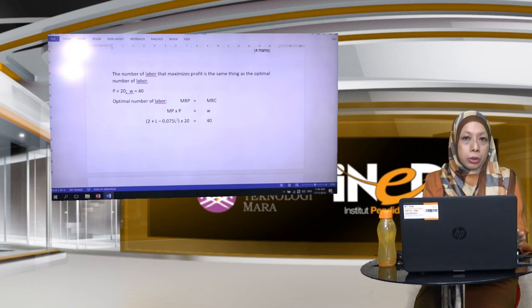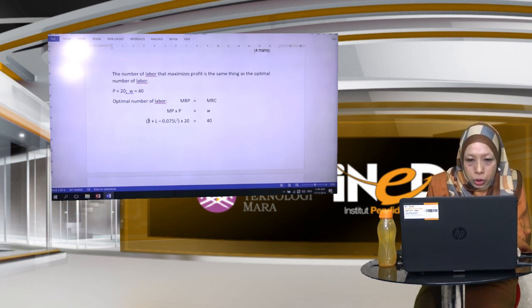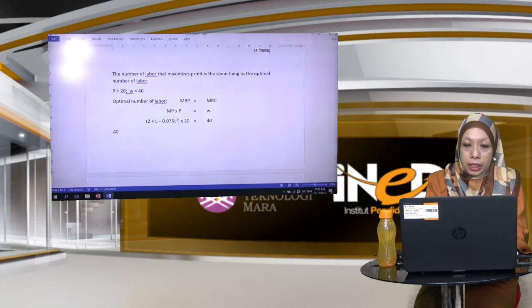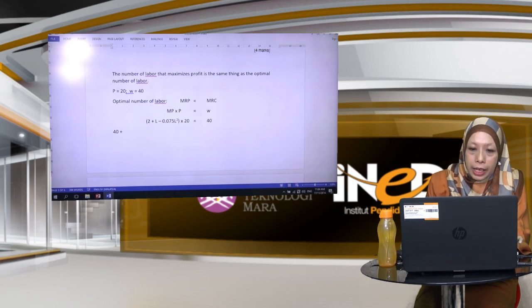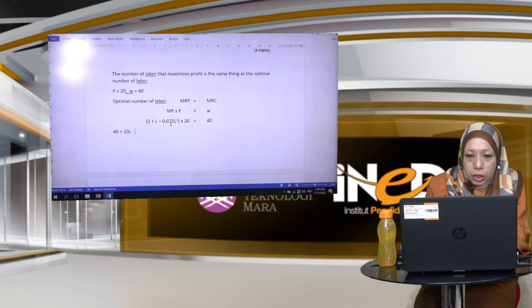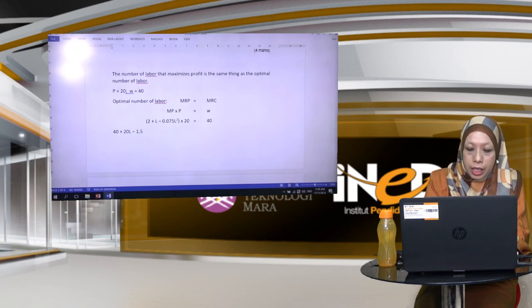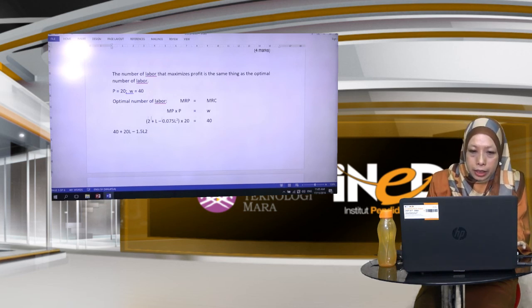So what do we need to do here? You need to cross multiply. 2 multiplied by 20 gives you 40, plus L times 20 leaves you with 20L, minus 0.075 L squared times 20, which leaves you with 1.5 L squared.